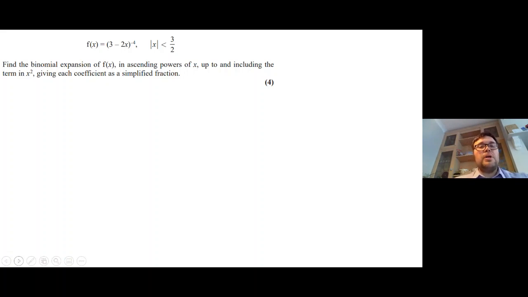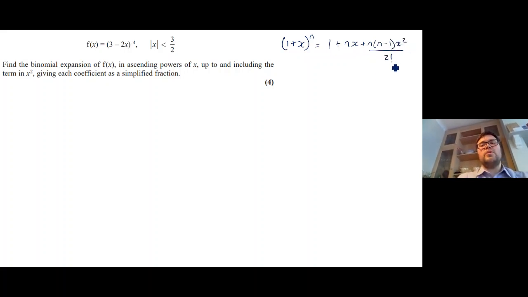If you have a look in the formula booklet, the expansion is in the form of (1 plus x) to the n. It's important that you've got that 1 plus x, that 1 specifically. And then it is equal to 1 plus nx plus n(n minus 1)x squared over 2 factorial, plus n(n minus 1)(n minus 2) x cubed over 3 factorial, and so on.